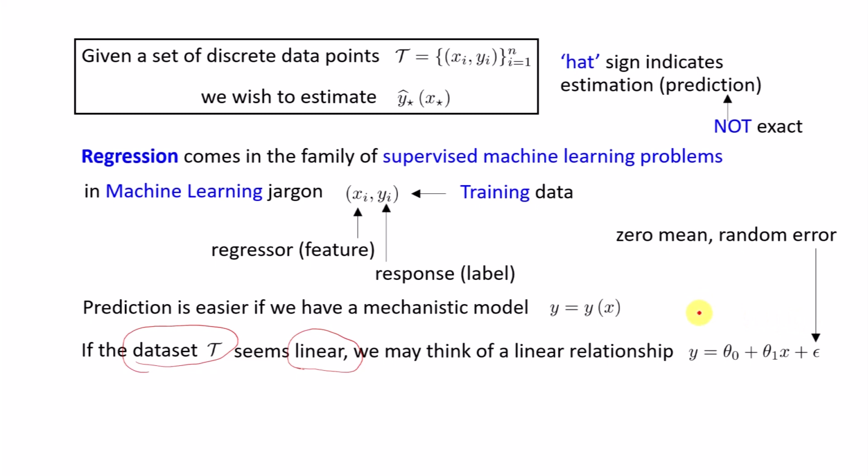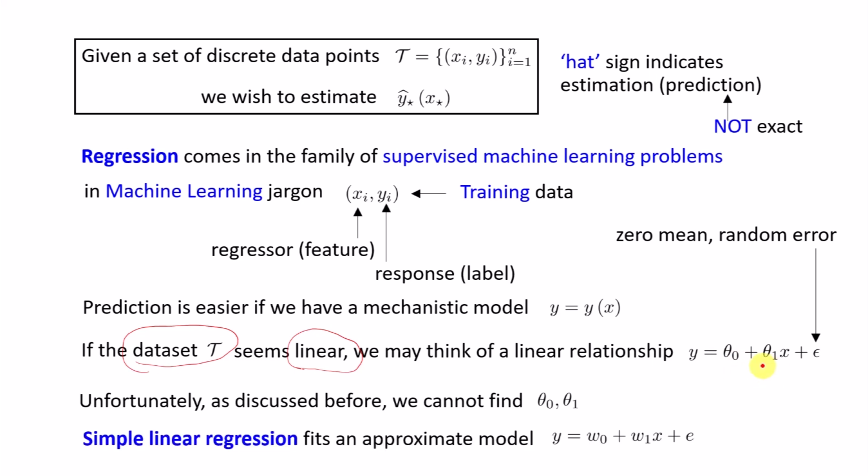What we are going to do is that, just like in our previous discussion, we have seen that there is no way we can accurately find the value of theta naught and theta 1. So what we are going to do here is estimate the value of theta naught and theta 1 by fitting a model that will give us y equals w naught plus w1 x plus e, and this e we'll call the residual.